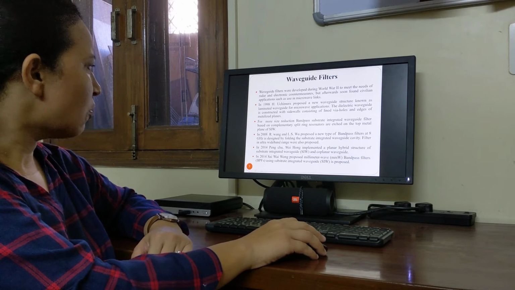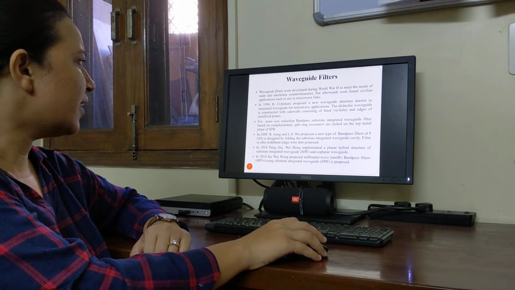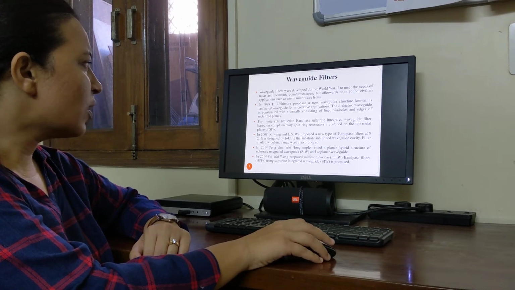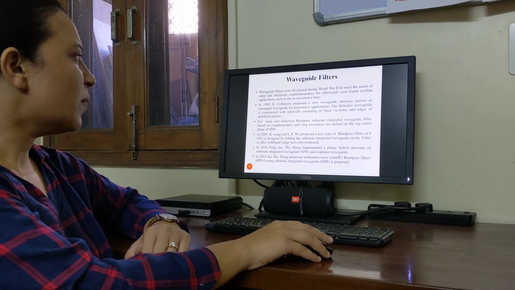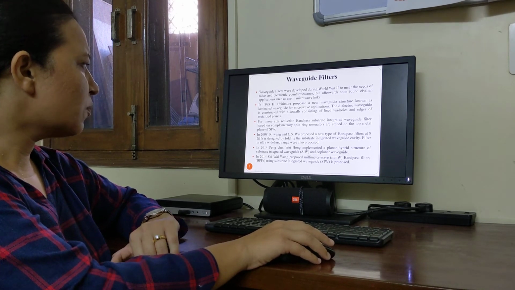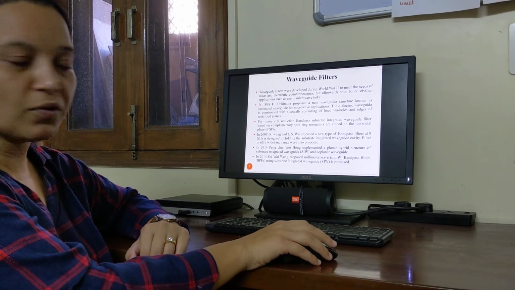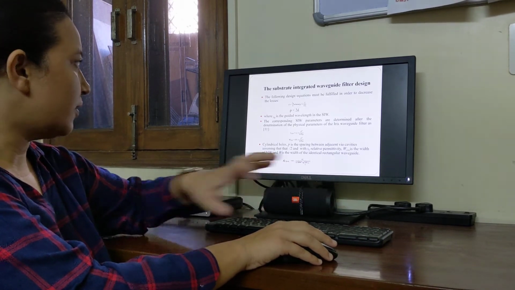In 2008, R. Wong and L.S. Wu proposed a new type of bandpass filter at 8 GHz, designed by folding the substrate integrated waveguide cavity. Filters in the ultra wideband range were also proposed. In 2014, Sai Wong proposed millimeter wave bandpass filters using substrate integrated waveguide.